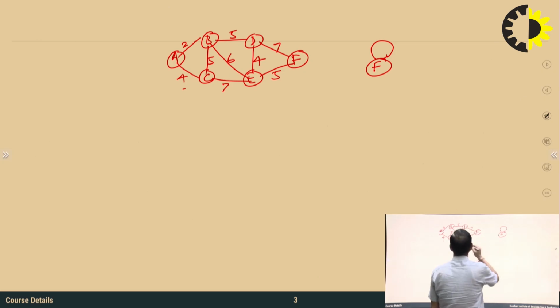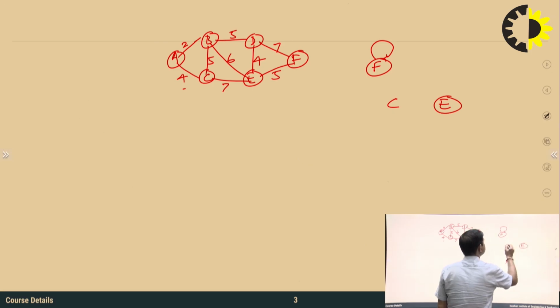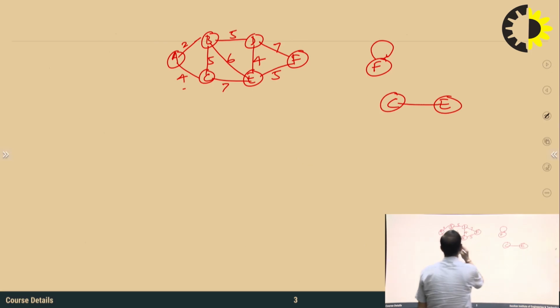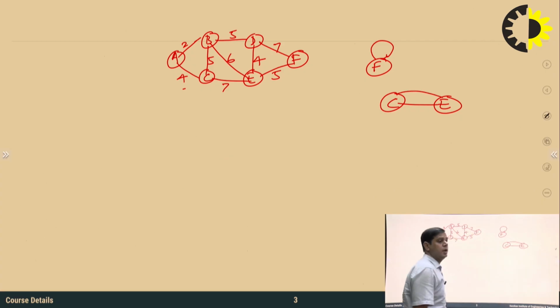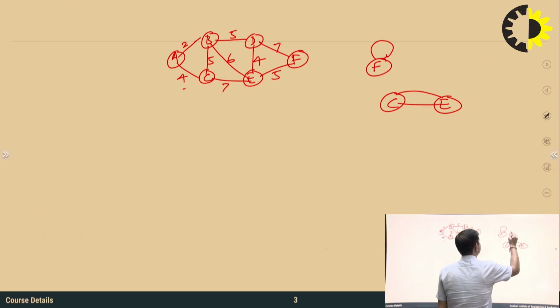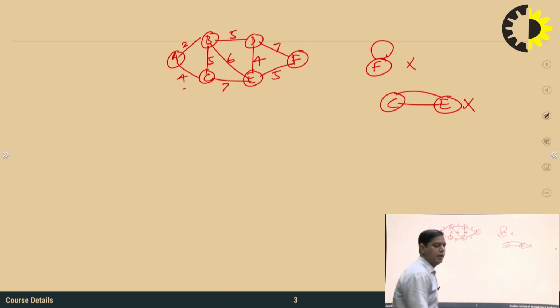For example, we have an edge from C to E, and they are already connected in that way. If some other edge is given like this, that is called a parallel edge. So whenever we construct a minimum spanning tree, there should not be any self loop or parallel edge.